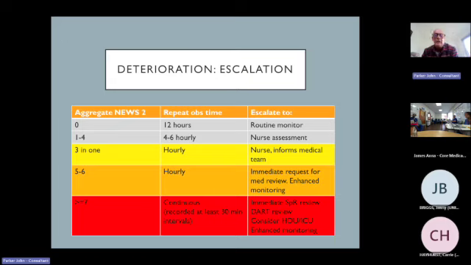But essentially, once the score gets to 5, there should be an immediate medical review of a patient on the ward, and above 7, a senior medical review and a DART review with consideration for escalation of the patient to HDU.